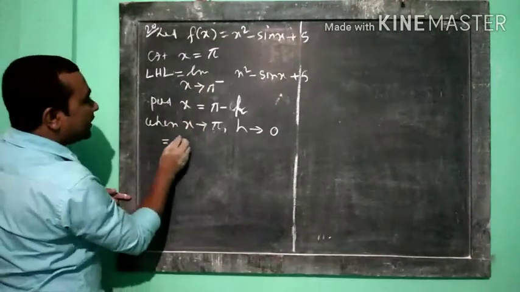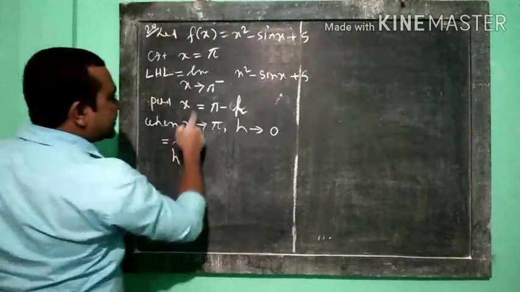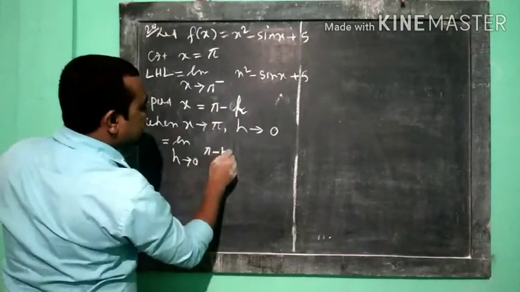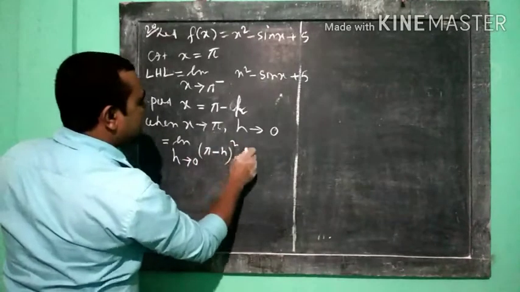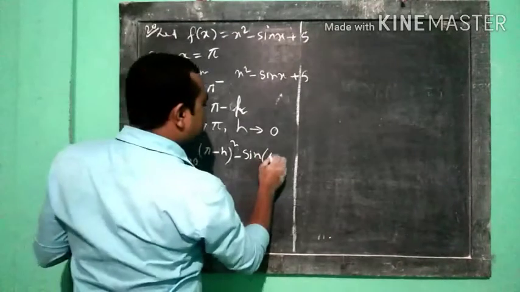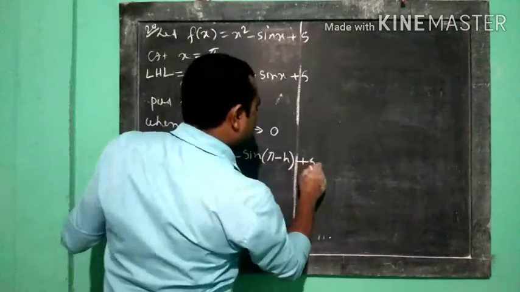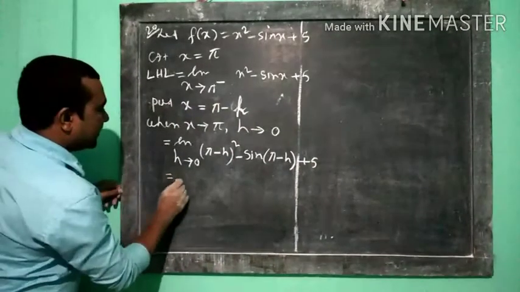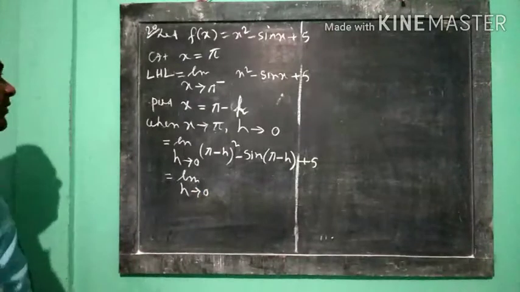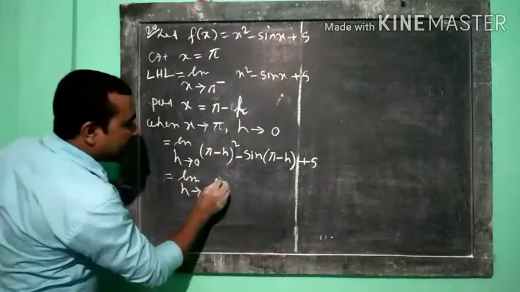Now this is equal to limit h tends to 0, where x is equal to pi minus h. So we write (pi minus h) whole square minus sin of (pi minus h) plus 5. If we put h equal to 0, this is pi square.